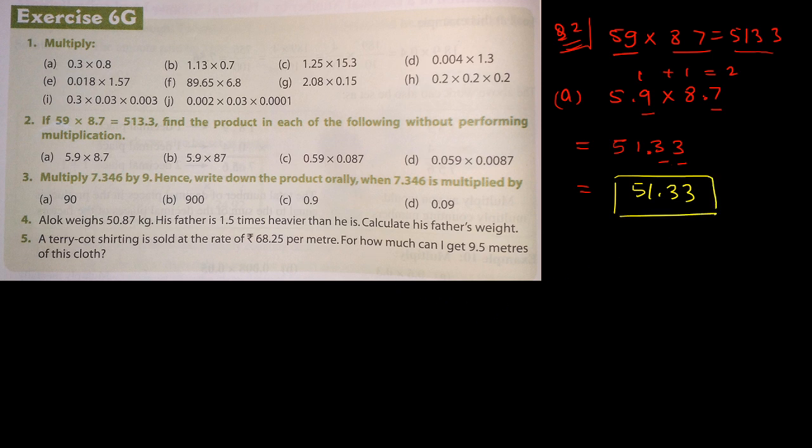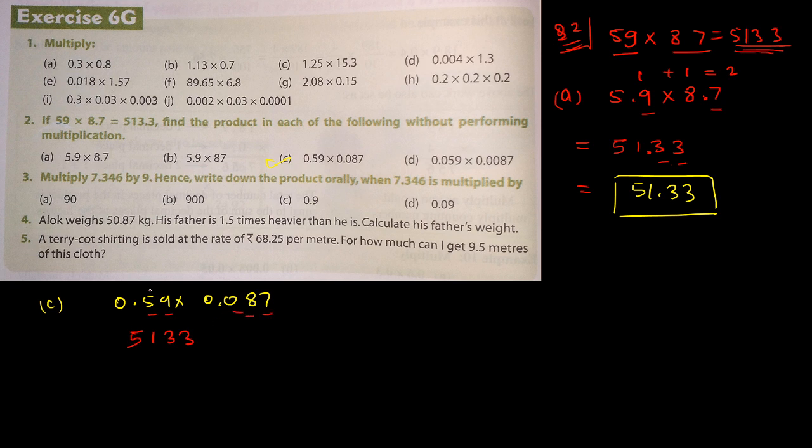In the same way, you will do the B part, and now I'm going to tell you the C part of this question. In C part, 0.59 multiplied by 0.087. So we know that if we multiply 59 by 87, we will get 5133. So write 5133. Now here we have a decimal after 3 digits, 1, 2, 3.